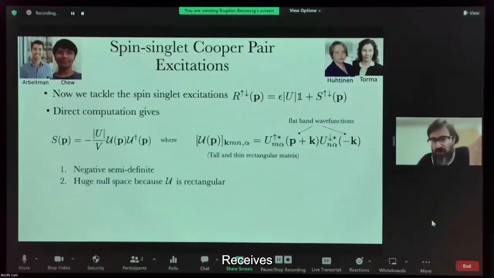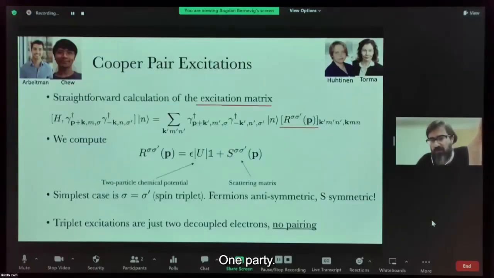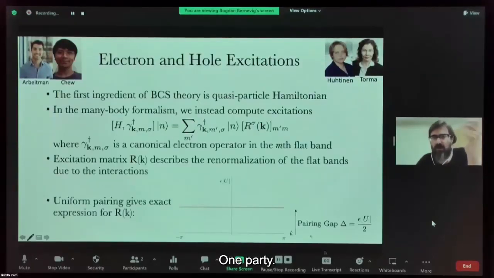This one particle. Spectroscopically, we try to inject an electron, we sort of break a pair here, and you see a gap of that order. Now that doesn't mean that this thing gets coherence at this temperature. That's given by the superfluid weight through the KT transition.